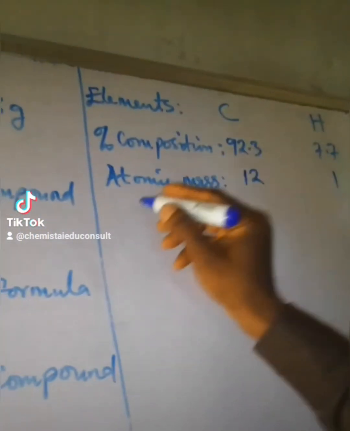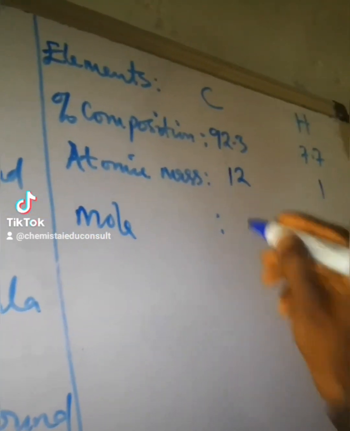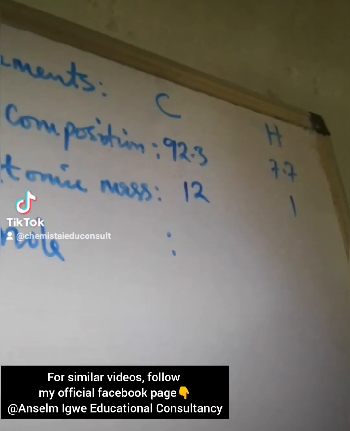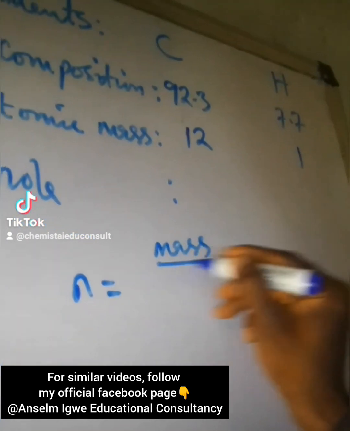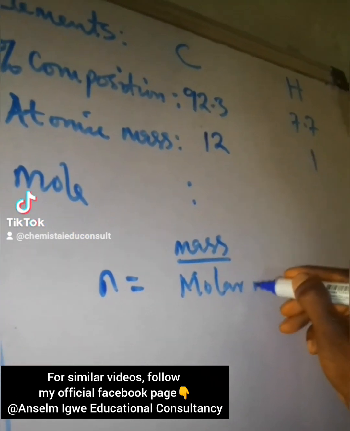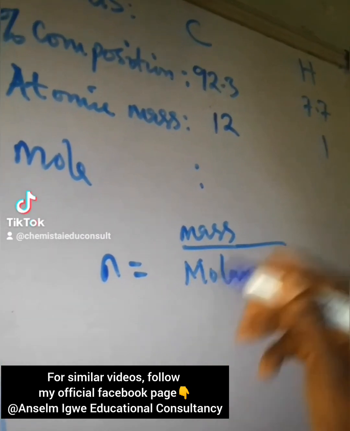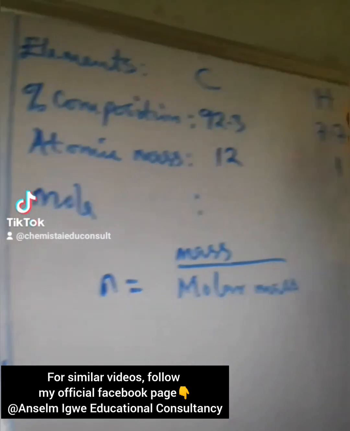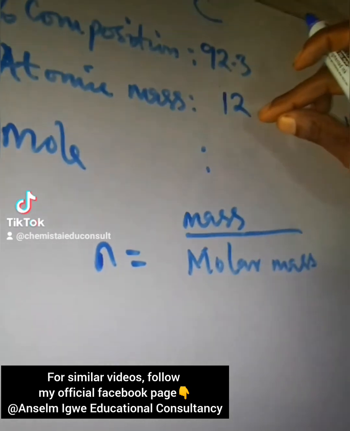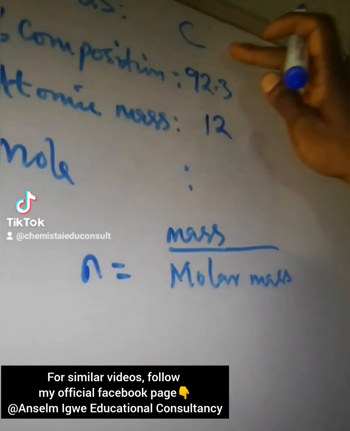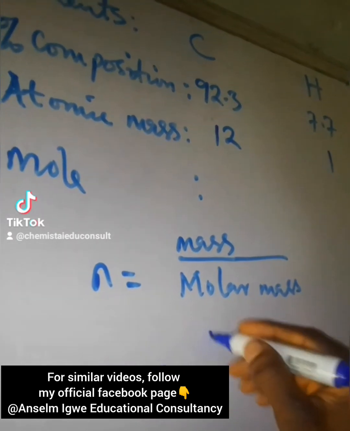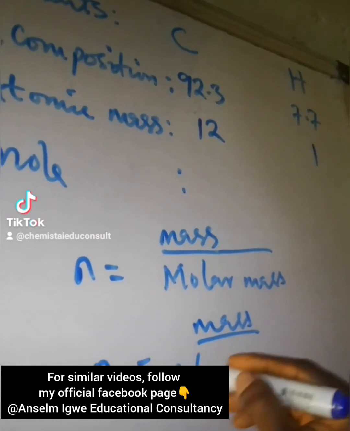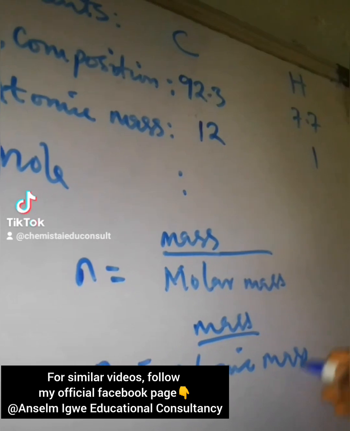The next is to write the moles in which they exist. Remember, number of mole is mass given over molar mass or molecular mass. But molecular mass is for compounds. What is present in the mixture is elements. So number of moles for elements is mass over atomic mass.